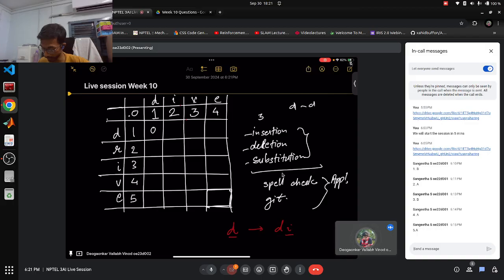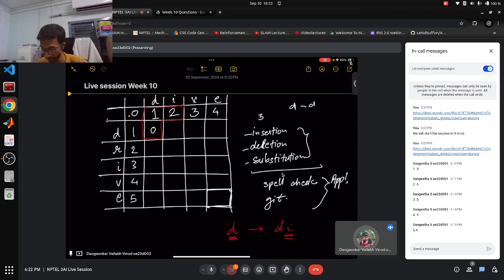If we want to compare D to DI, the last letters of these two strings are not the same. So what we need to do is take a minimum of these three elements with respect to this box: the upper, the left, the previous element and the diagonal element, and you consider the minimum of these and add 1 to it. So that is how the algorithm is framed.